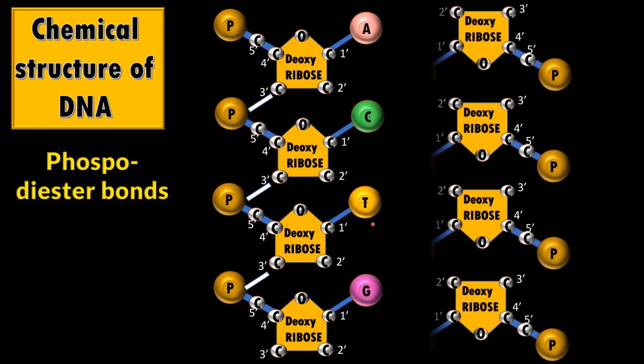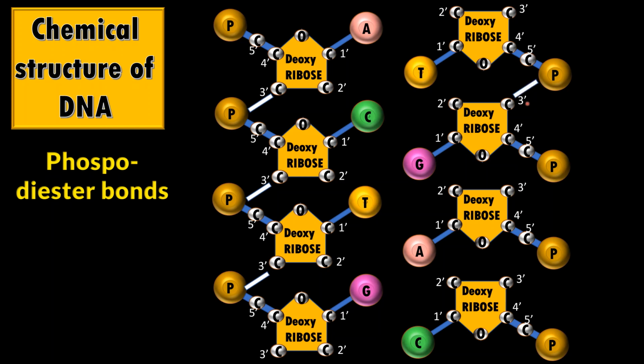The other strand of the DNA is opposite, that is anti-parallel. Now here the fourth nucleotide is added to the third one by using this phosphodiester bond. Third is added to the second by using phosphodiester bond, and the second is added to the first one by using this phosphodiester bond. So there are 2 strands of the DNA and the 2 strands are anti-parallel. We'll just see what is the meaning of this a bit afterwards.